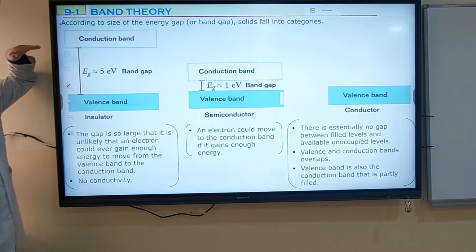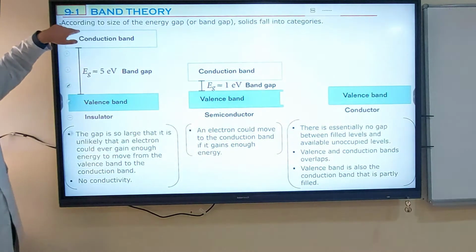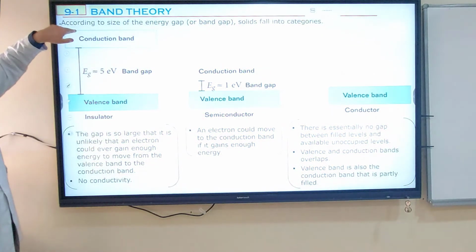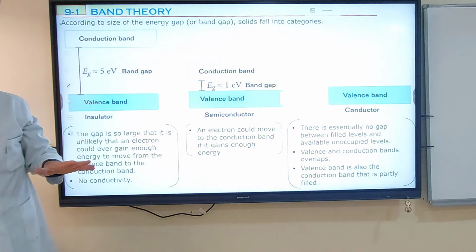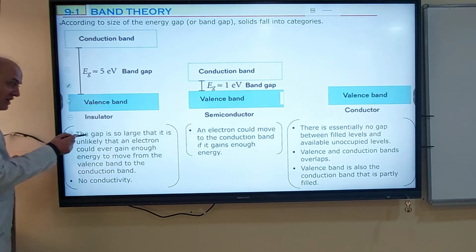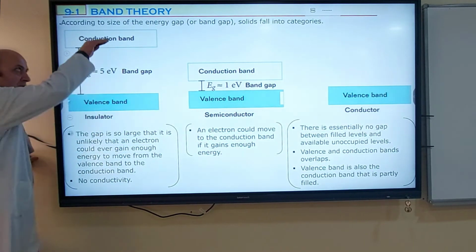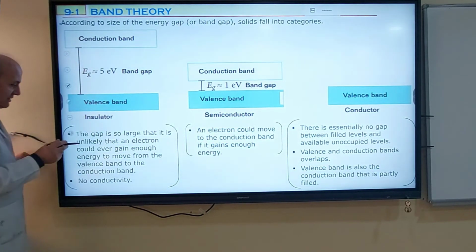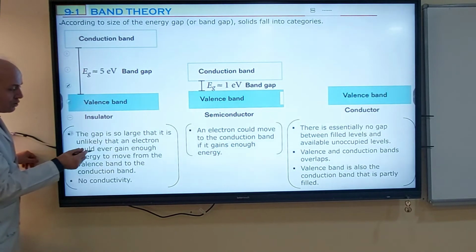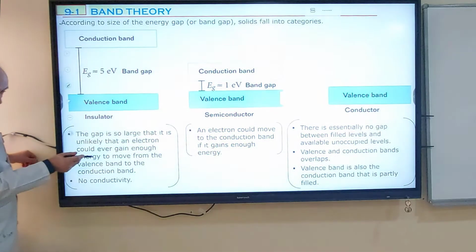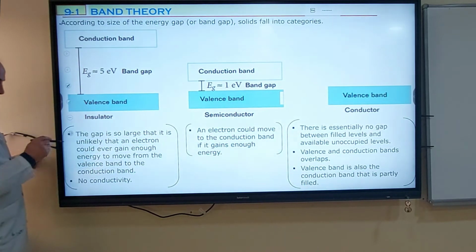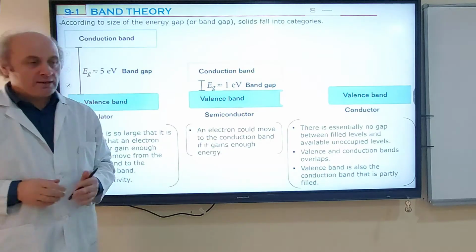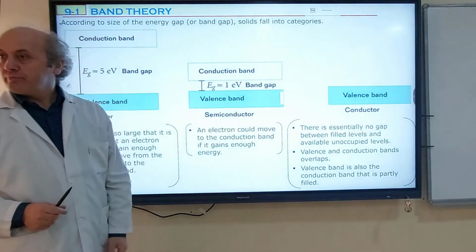That's why electrons in the valence band can never jump to the conduction band, and insulators never conduct electricity. The gap is so large that it is unlikely an electron could ever gain enough energy and move from the valence band to the conduction band. So no conductivity.